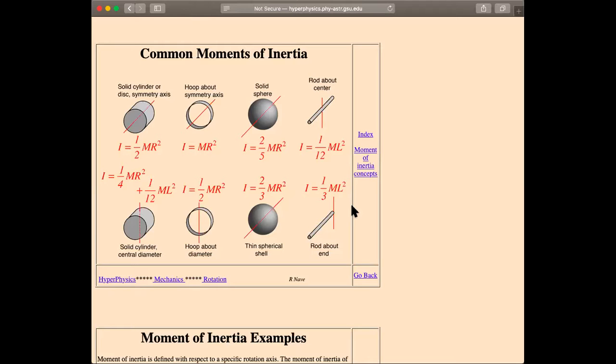But in practice, even when you have something that's really complicated, you can break it down into a combination of simple shapes. So usually this list will allow you to get pretty close to the true value for any shape, whether it be regular or irregular.